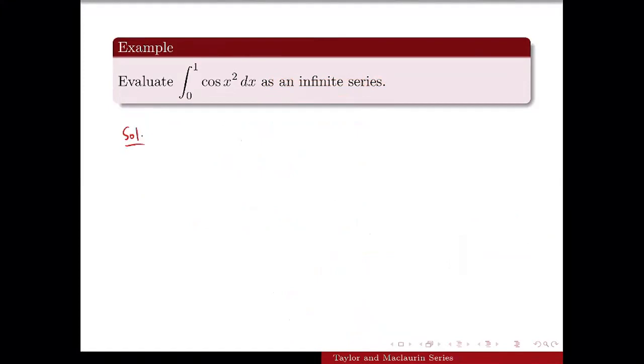So solution. Again, let's just bring this cosine x. This is negative 1 to the n, x to the 2n over 2n factorial, and from 0 to plus infinity. This is for any real number.